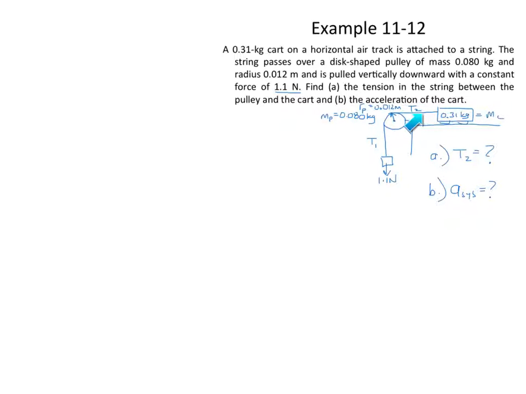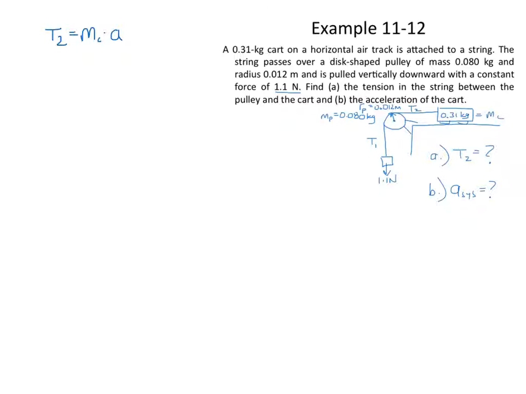And so that's really the net force on the cart causing that cart with that mass to accelerate. So I'm going to say tension 2 equals mass of the cart times acceleration. Because it's that mass of the cart that is moving. Tension 2 is the net force being applied to it, and it's accelerating appropriately.